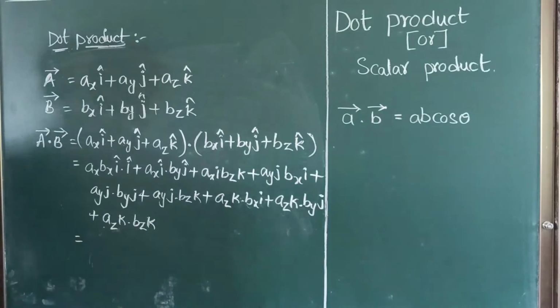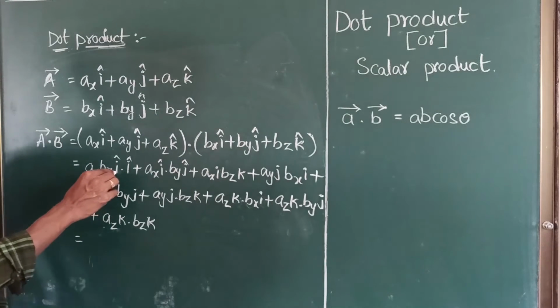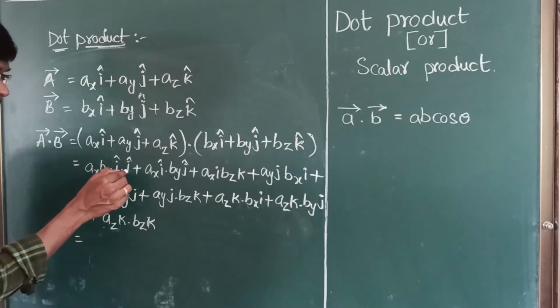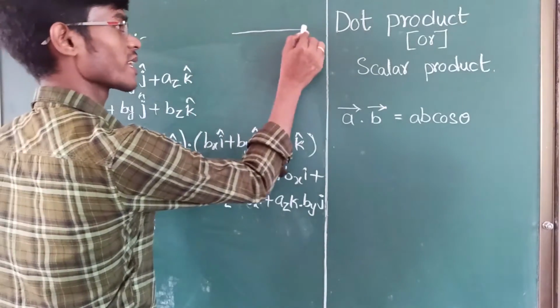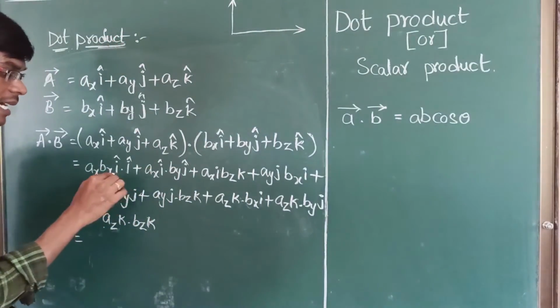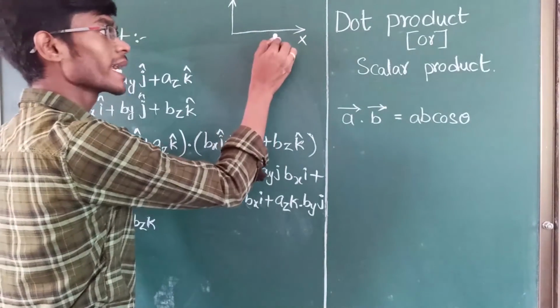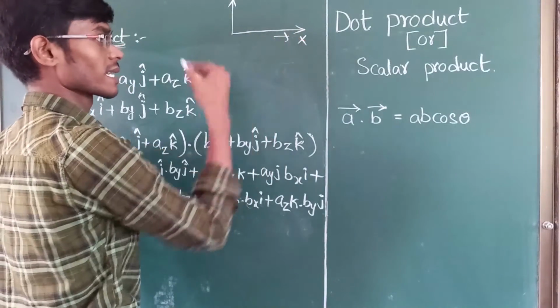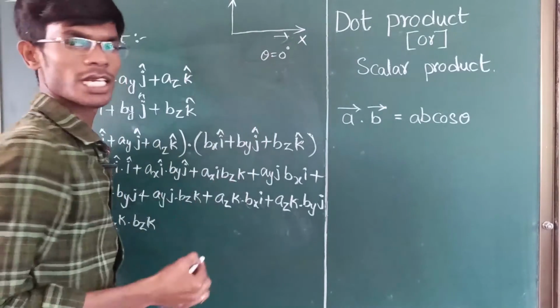See, observe here, i cap is the unit vector along the x-axis, and here also i cap is the unit vector along the x-axis. Suppose we consider this is x and this is y; here we have i cap dot i cap. i cap is along the x-axis, i cap is also along the x-axis. So what is the angle between these two? 0 degrees, right?